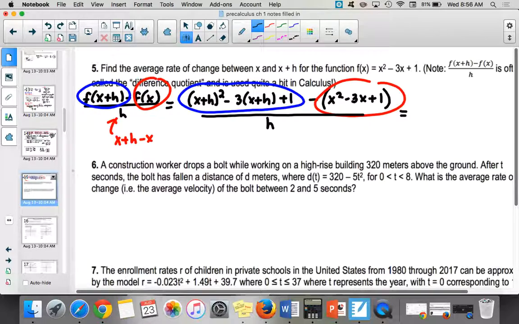All right, so how about x plus h squared? Can we do that? That's going to be x plus h times x plus h. So everybody try to write that down, see what you get when you do x plus h times x plus h.